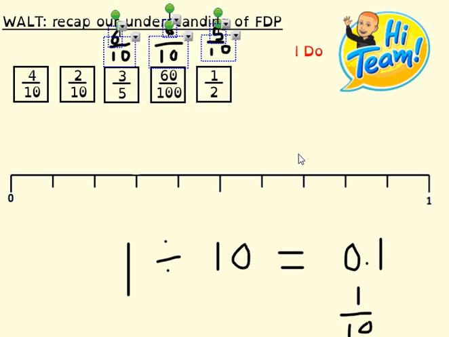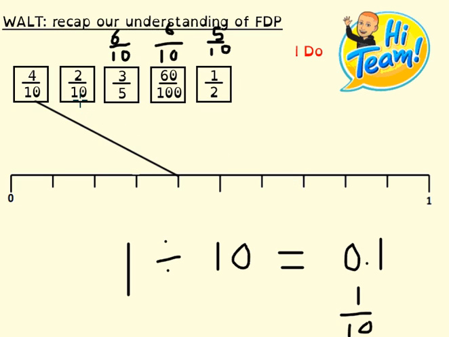So using my straight line, I'm going to think, where's my 4/10 going to be? Well, 0, 1/10, 2/10, 3/10, 4/10 will be there. My 2/10, that's 1/10, this must be 2/10.